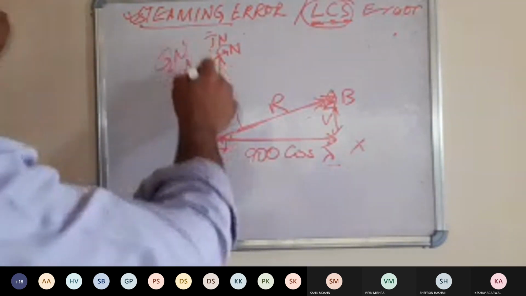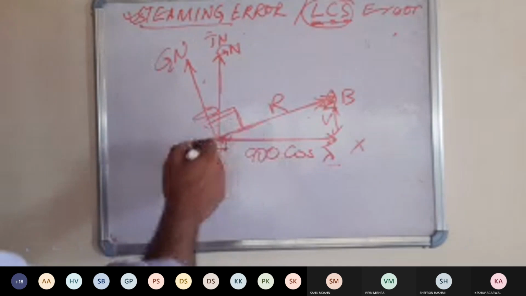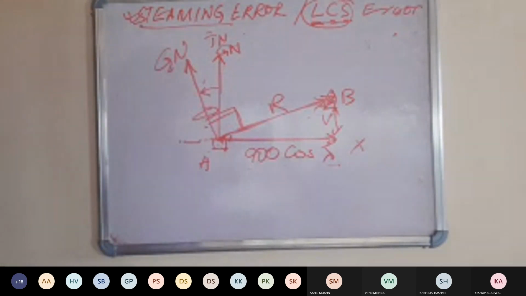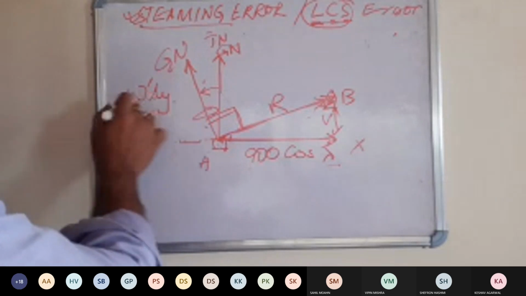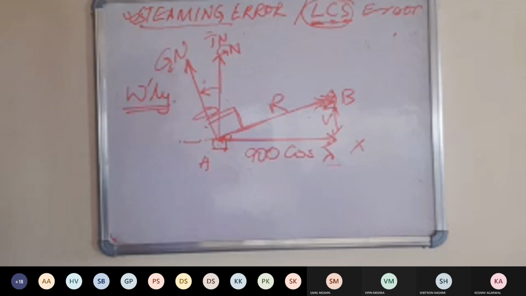So this will be settling down perpendicular to the resultant, and in doing so, there will be an error created, which is westerly error. Is that correct here? Yes, sir.